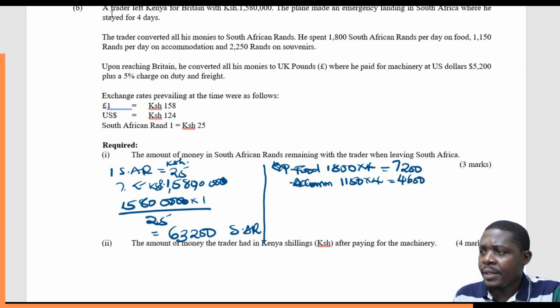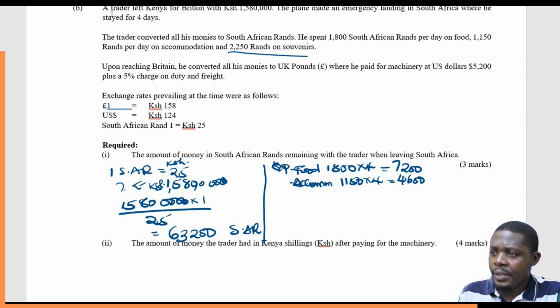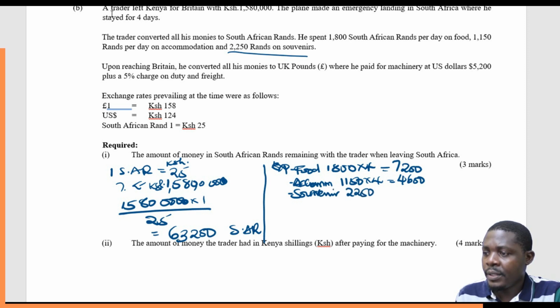Then another thing, we have this particular 2,250 per day on servants.